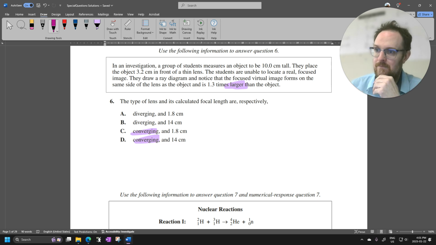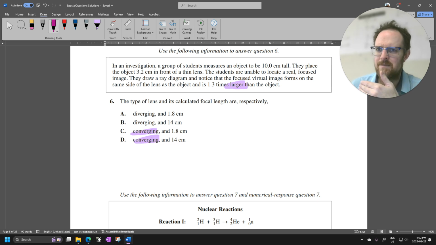Oh, it doesn't matter if it's going to be upside down or not. Most of the time when we did virtual, it's always going to be upright. But that's okay. We don't necessarily have to worry about that. We just have to figure out what's the focal length here.